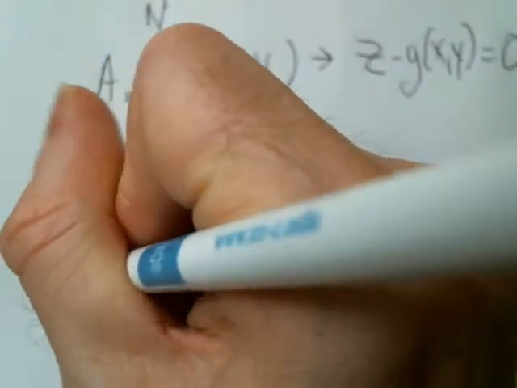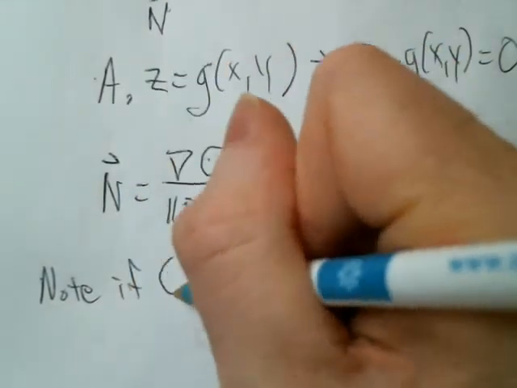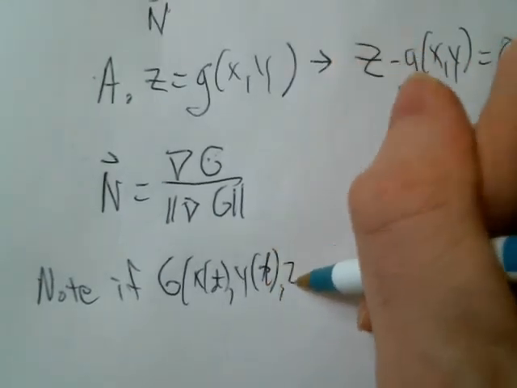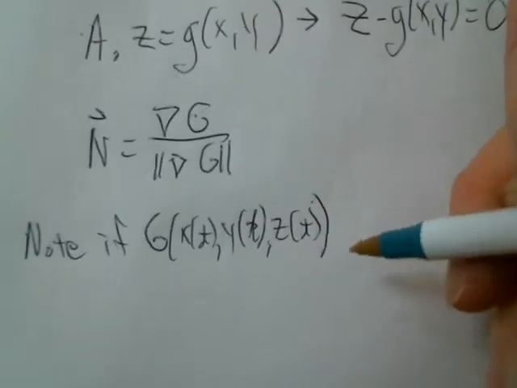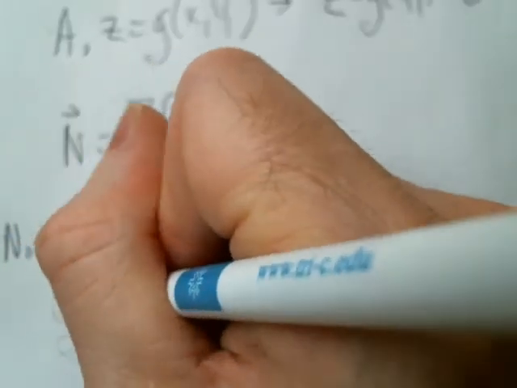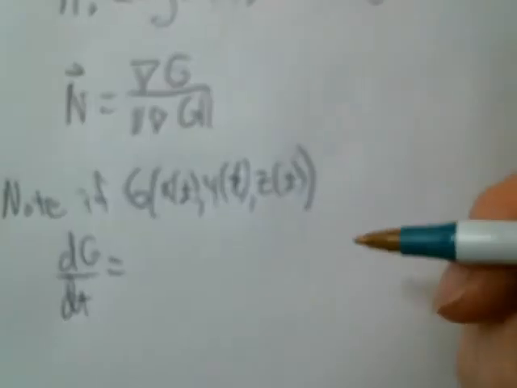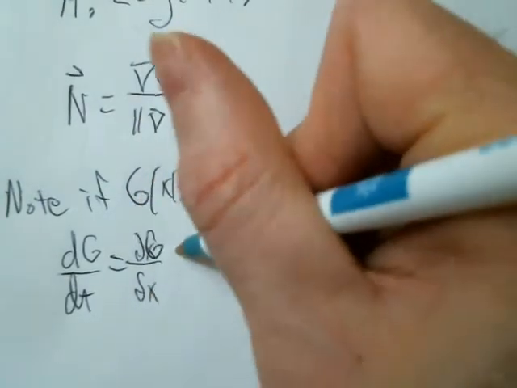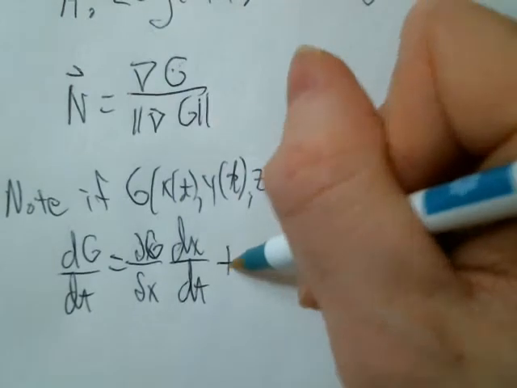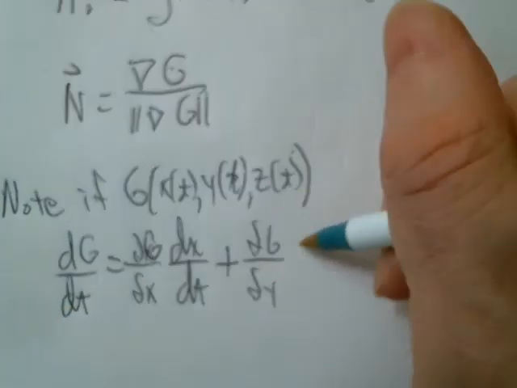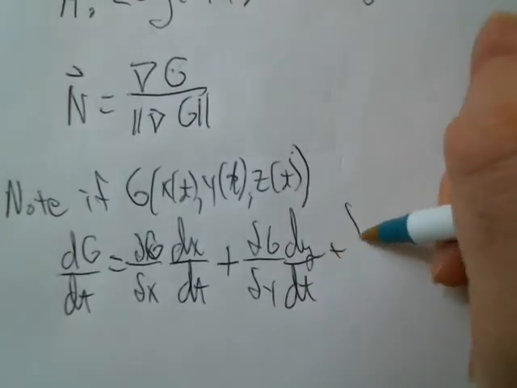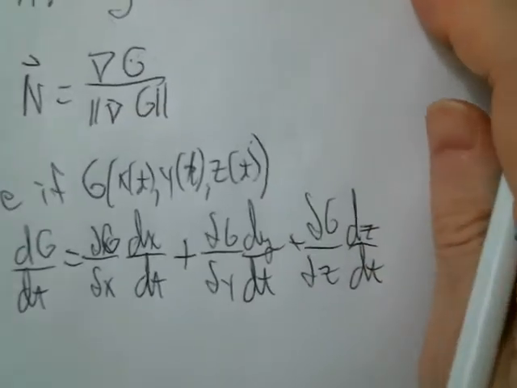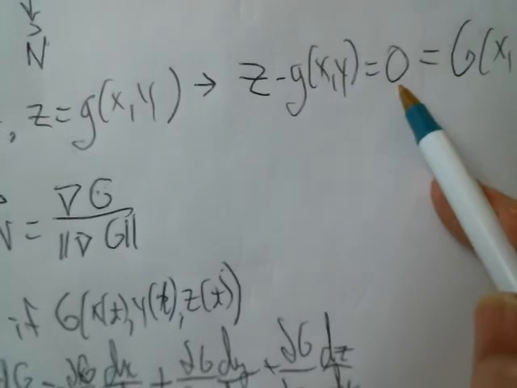So note, if we have G of x of t, y of t, z of t, then I could take the derivative of G with respect to t, and from the chain rule, that's just going to be the partial of G with respect to x times the derivative of x with respect to t, plus the partial of G with respect to y times the derivative of y with respect to t, plus the partial of G with respect to z times the derivative of z with respect to t. And I know that this thing is equal to 0 from the way I've set it up.